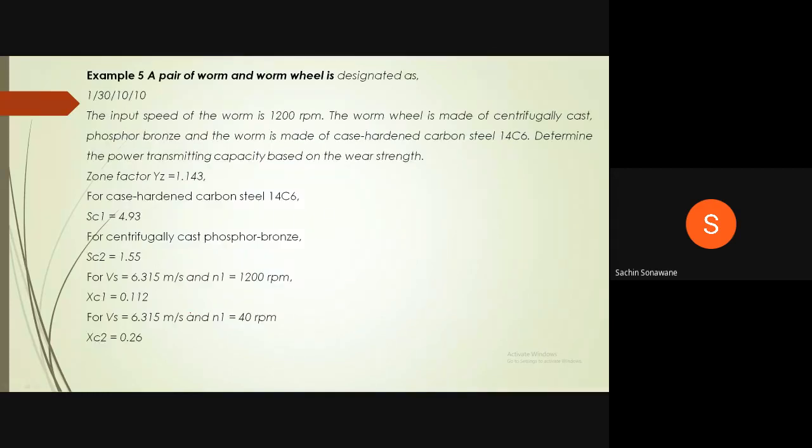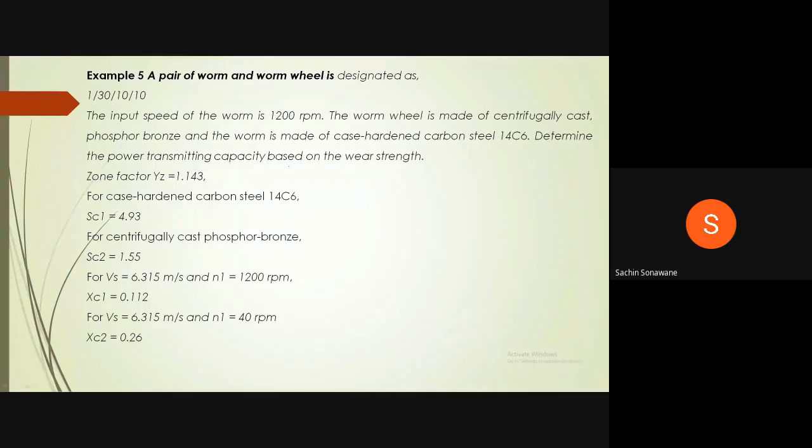Okay, write down this example 5. A pair of worm and worm wheel is designated as 1 30 10 10. The input speed of the worm is 1200 rpm. The worm wheel is made of centrifugally cast phosphor bronze and worm is made of case hardened carbon steel 14C6.